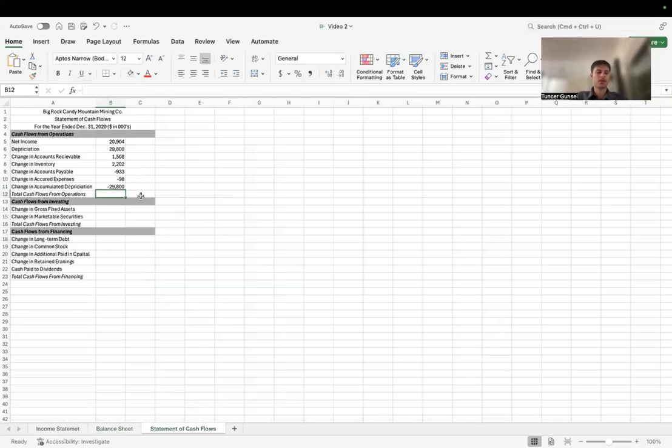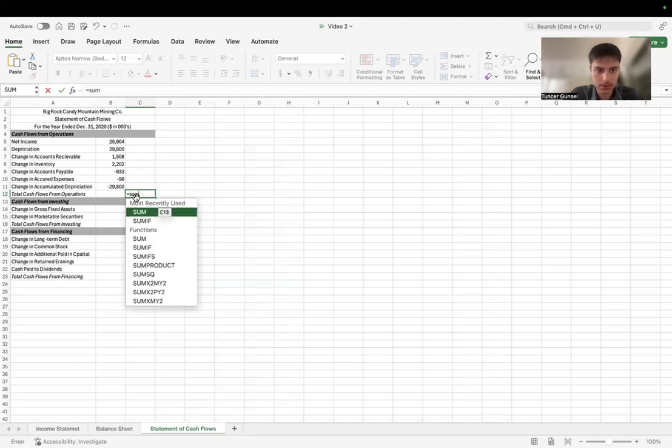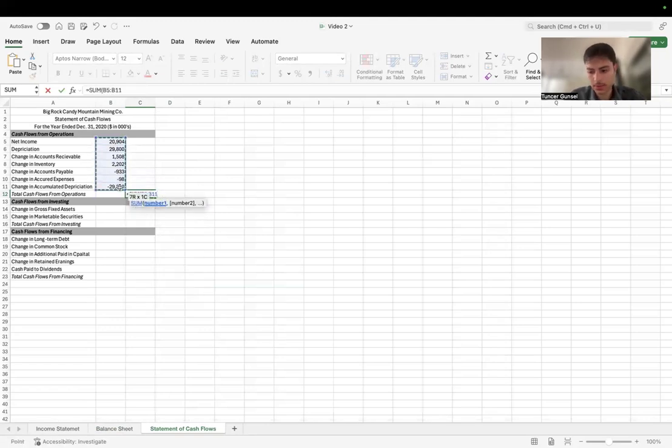Okay, so these are our operations, and now we find the total cash flows from operations. It's the sum of all the stuff that we calculated.